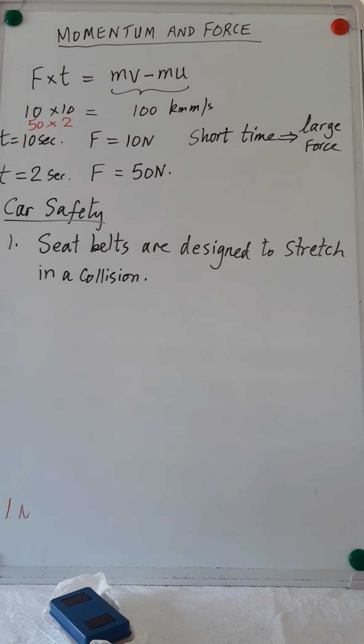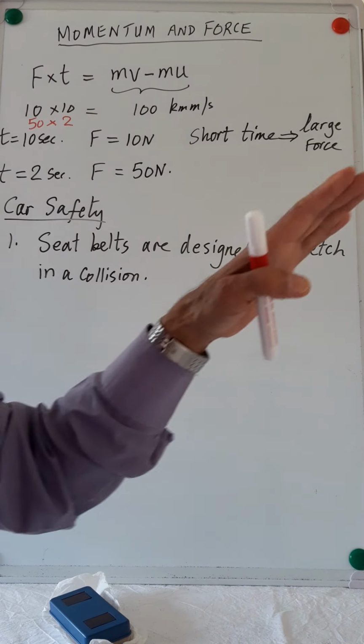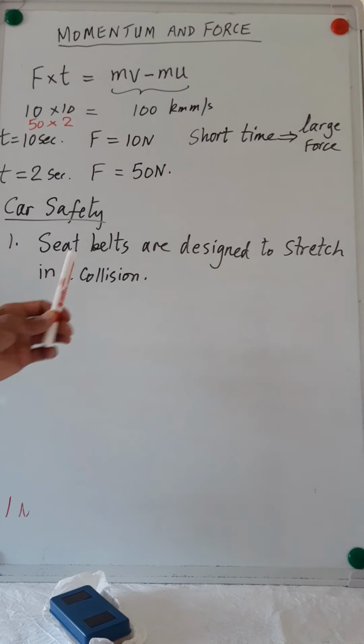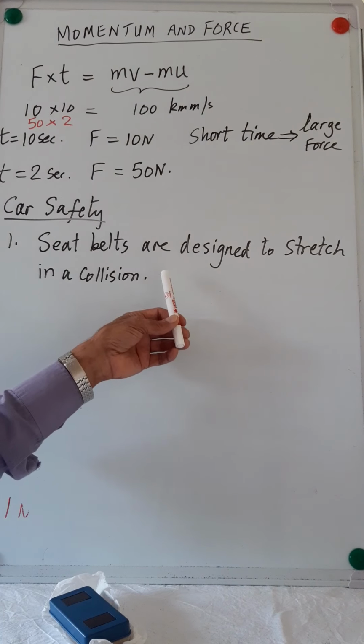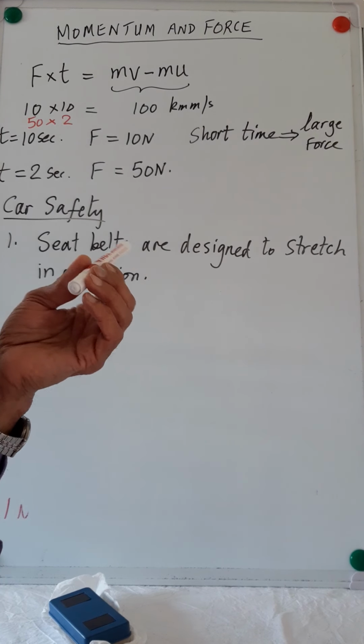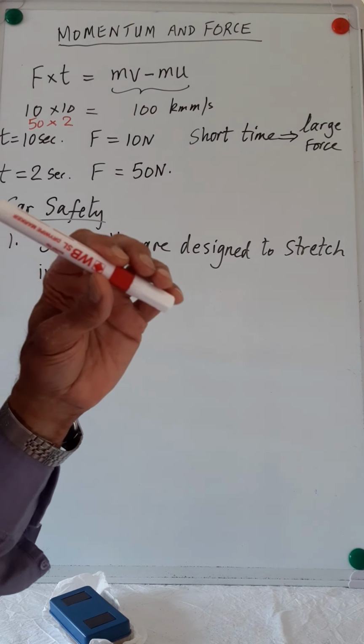When we're wearing seat belts and a crash happens, your body moves forward, and the seat belts stretch a little bit to absorb the shock. This makes the time of collision much longer, so the force acting on the person is smaller.